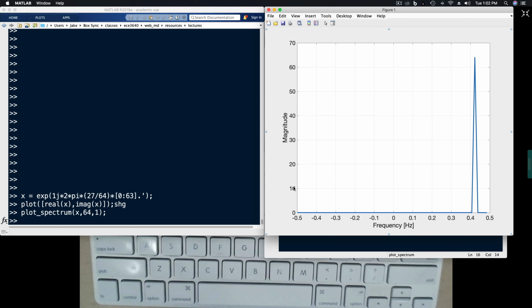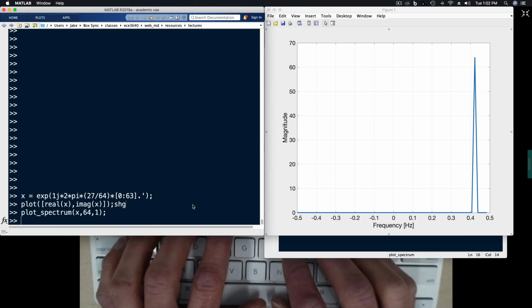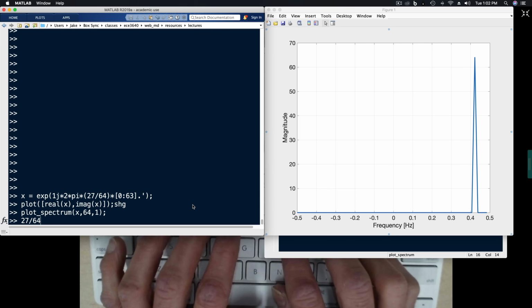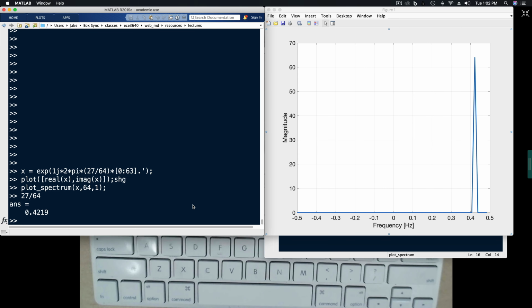So over here on the right, what we see is that we have all of our energy in the Fourier domain concentrated into one frequency bin. If we look at 27 divided by 64, that's the frequency 0.4219, and it looks like all of our energy is concentrated in that one frequency bin, as we would expect.